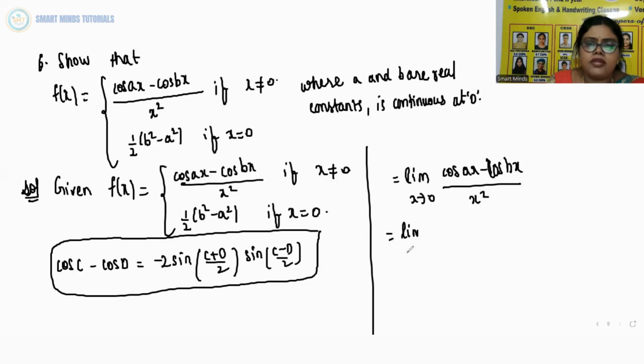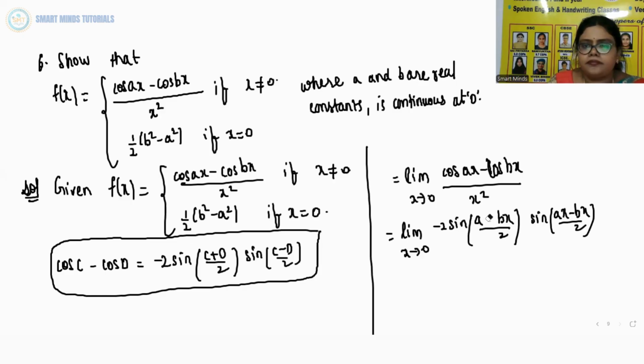So that is limit x tends to 0 of minus 2 sine of (a plus b)x by 2, sine of (a minus b)x by 2, by x square.